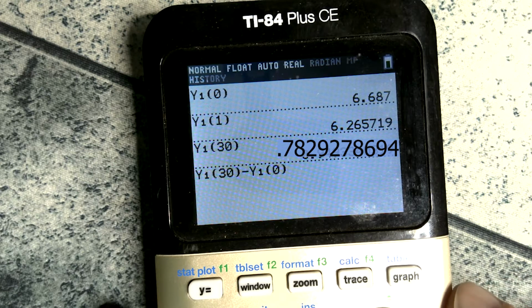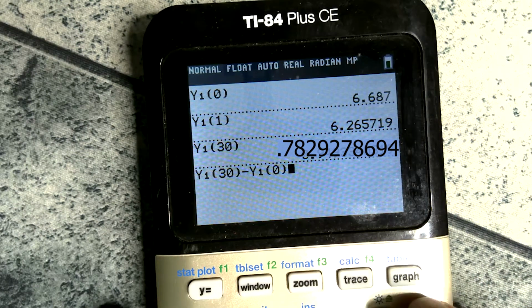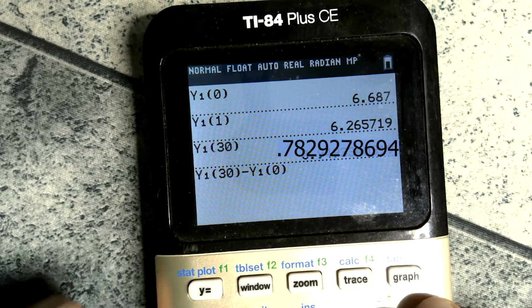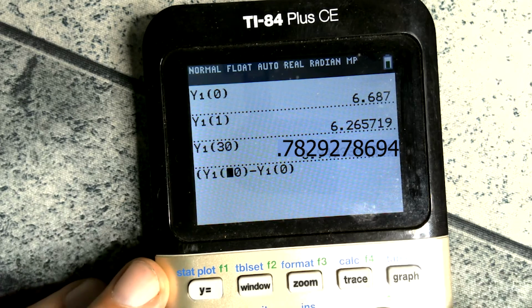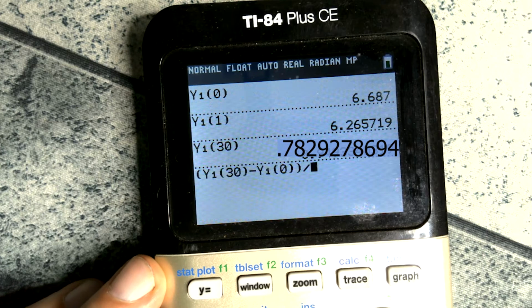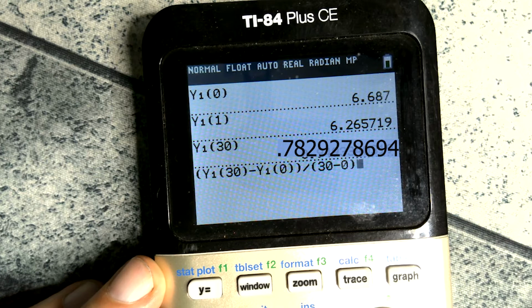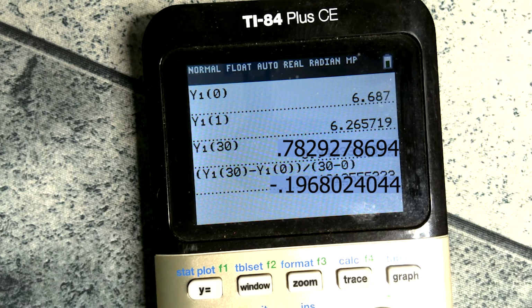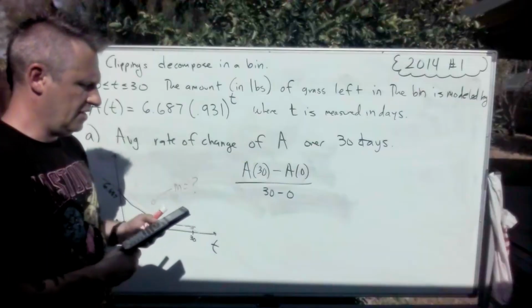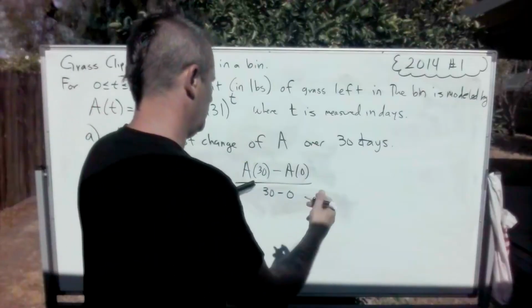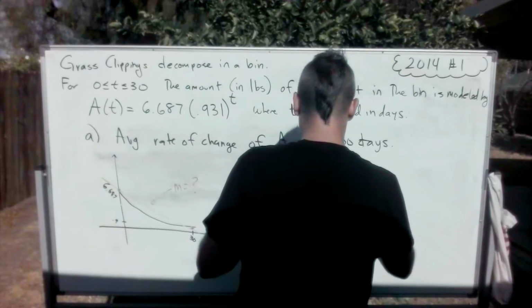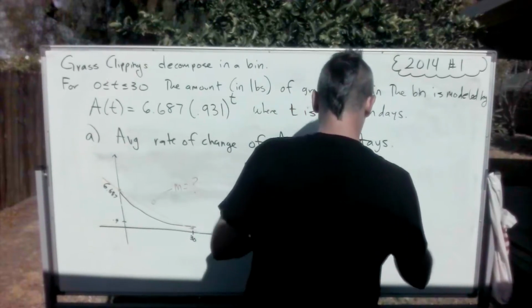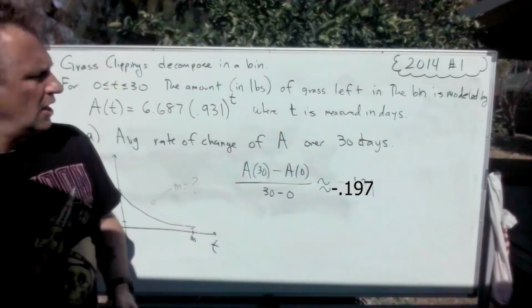And then I divide that by 30. And we end up with negative 0.191, go to 3 decimal places.